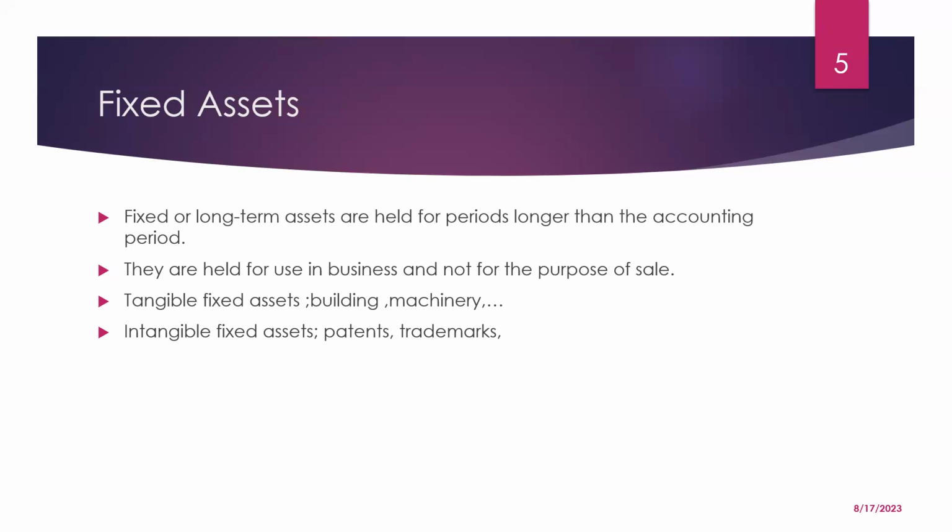That is why we say it is an intangible fixed asset. And on the other hand, trademark: you cannot touch the trademark that you have, and you cannot touch your brand name. So those things are known as intangible fixed assets.